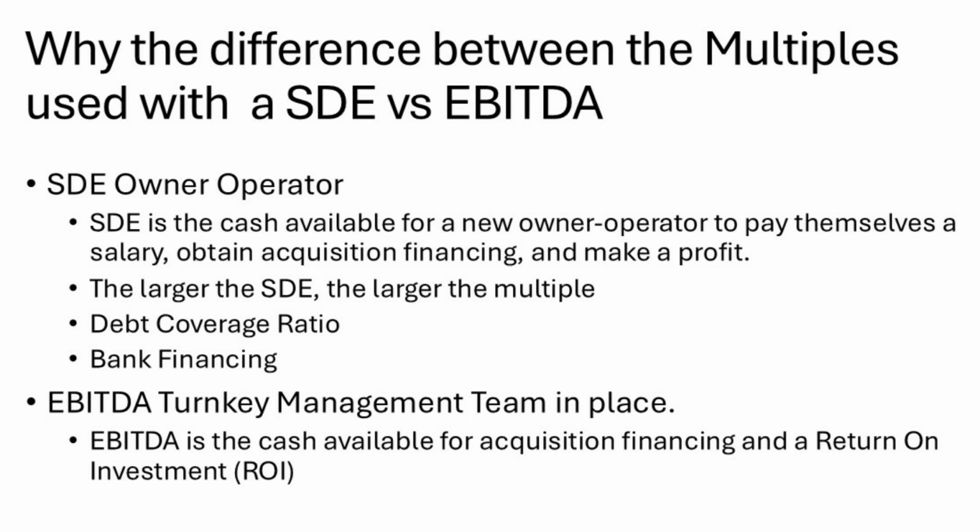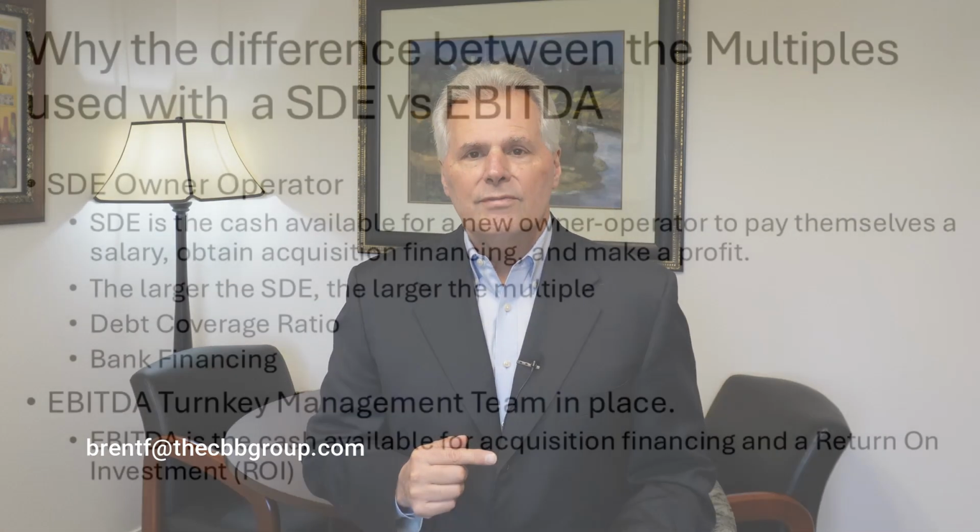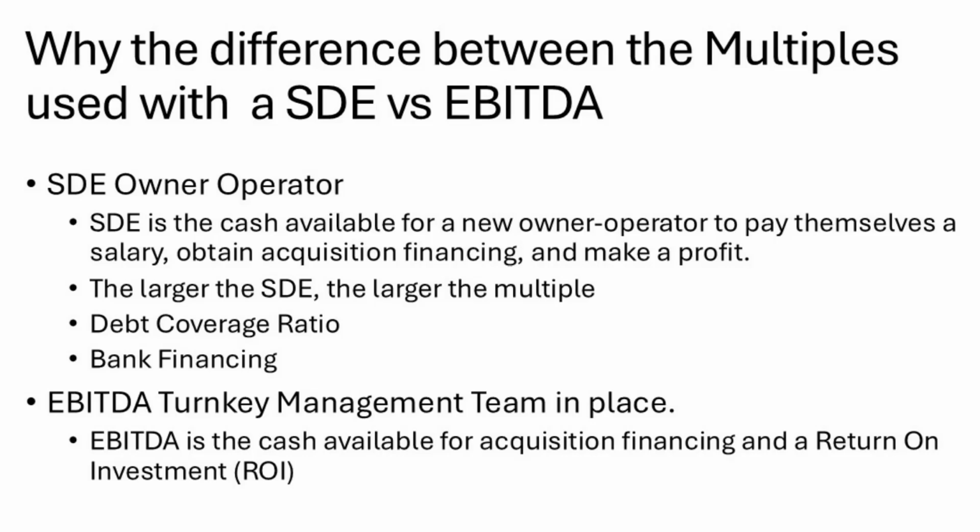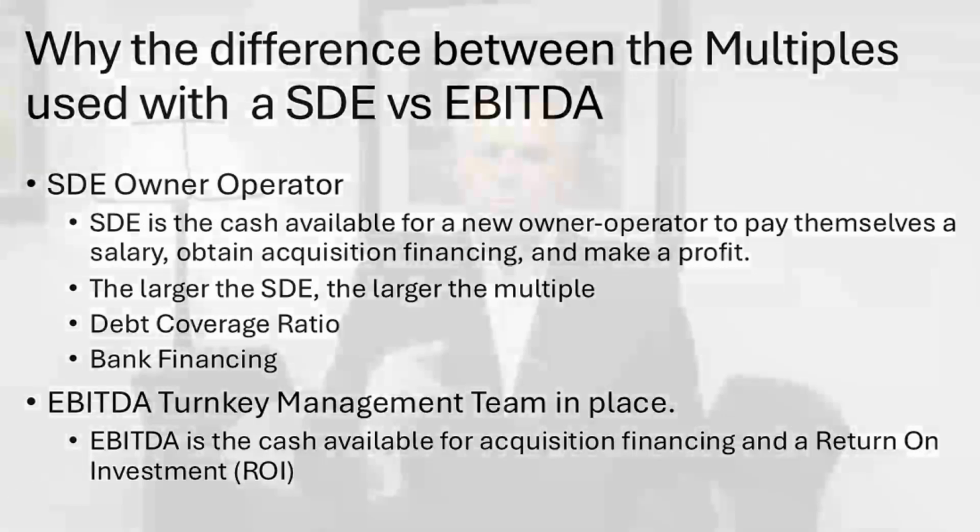So you're the owner-operator of a business. A financial buyer will be buying your company to replace you, take your job, pay themselves a salary, pay for acquisition financing, as well as get a return on all of that profitability on a yearly basis. So those are the things that drive a multiple.